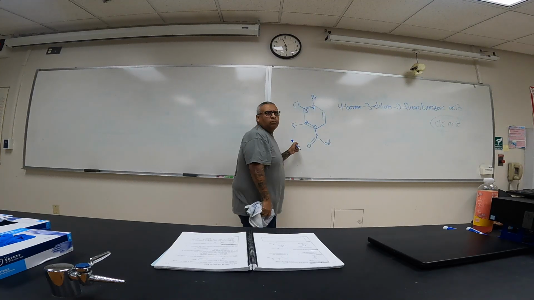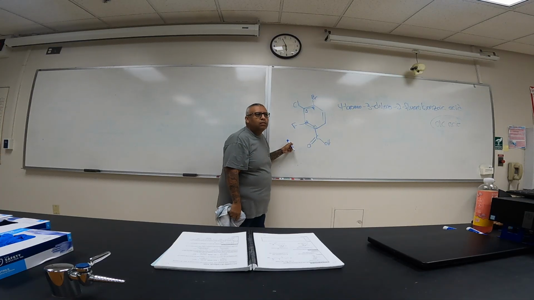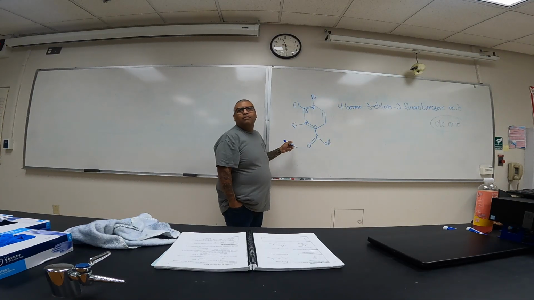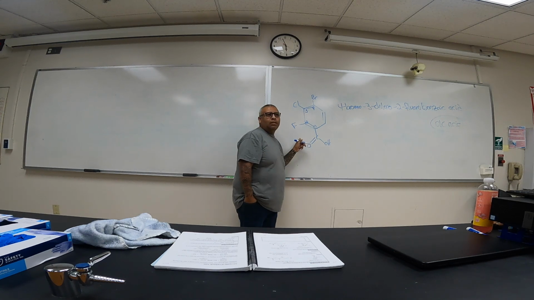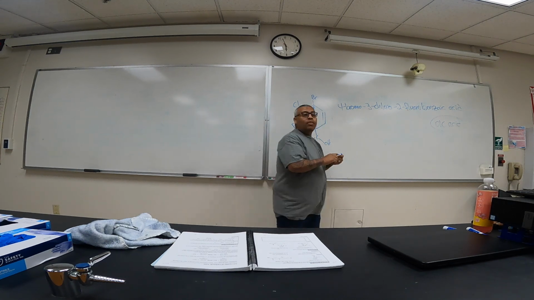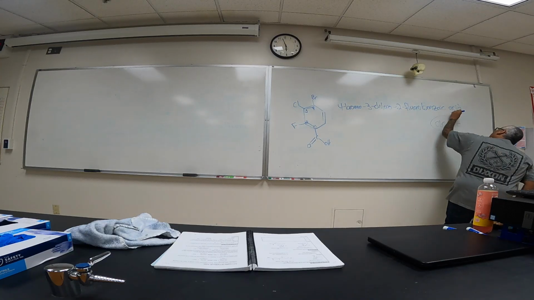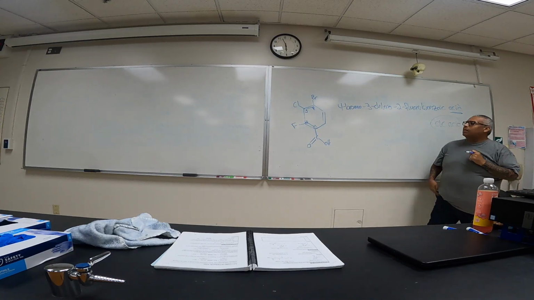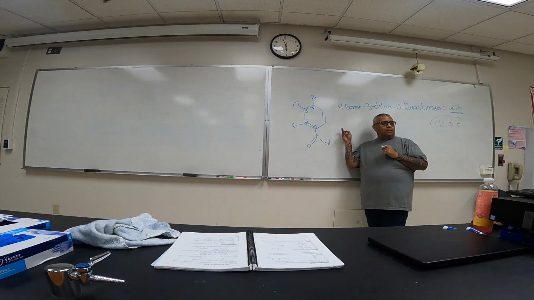Strong acid or weak acid? This is a gimme. It is a carboxylic acid. We know that it's an acid because it's in the name, benzoic acid. But is this a strong acid or weak acid?